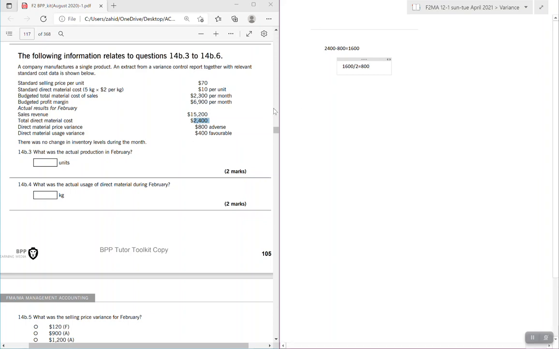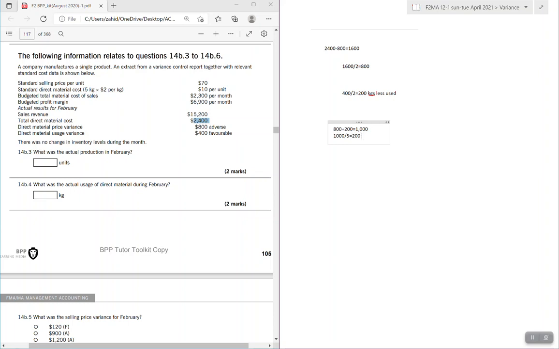Now they said usage is 400 favorable. It means that if I take 400 divided by 2, we have 200 kgs less used. Even though I've used 800 kgs, if I had used them at standard usage, I would have used 1000 kg. So 1000 kg would be for how many units?